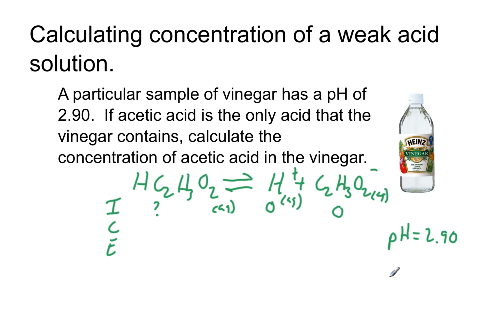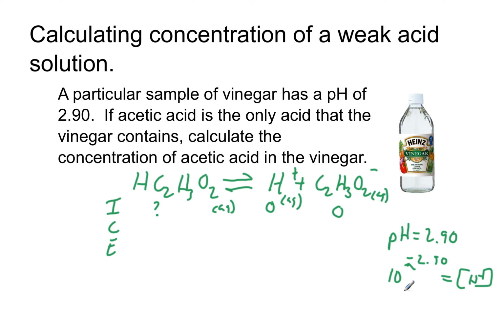2.90. So what we can do now is take the pH and say, okay, I'm going to take 10 to the negative 2.90. It's the antilog of that, which is going to give me the concentration of H plus.